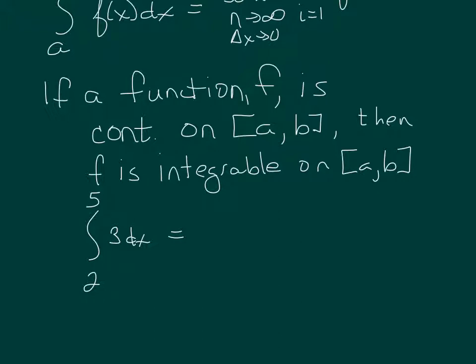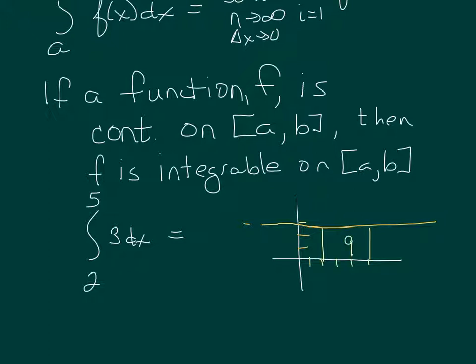We could find the area under the curve if we were to graph it. Y equals 3 just looks like this. And if we are going from 2 to 5, we're looking at the area of that rectangle, which is 3 times 3, or 9.